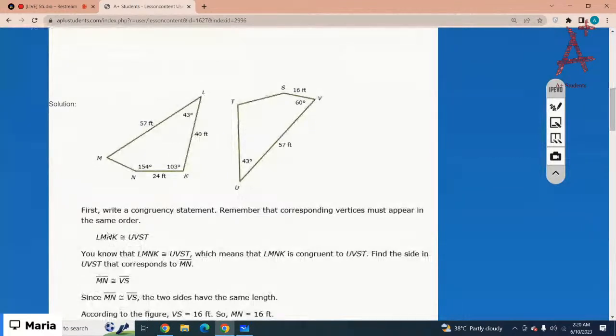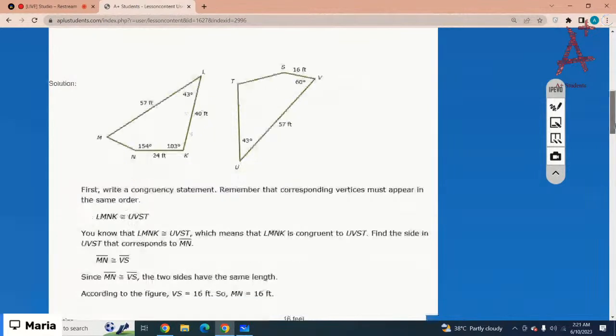Got it? LMNK is congruent to UVST. That means MN is congruent to VS. So VS is 16, that means 16. Got it? You have to look for the corresponding sides.